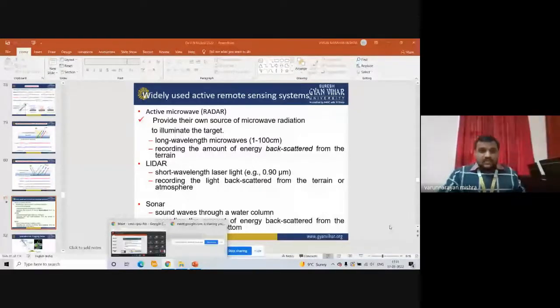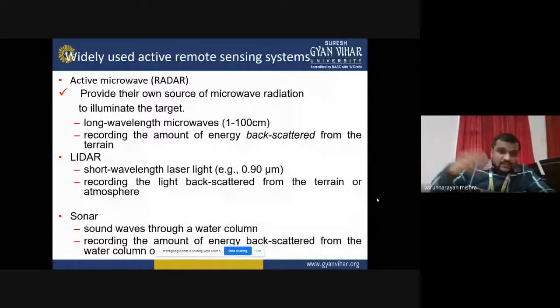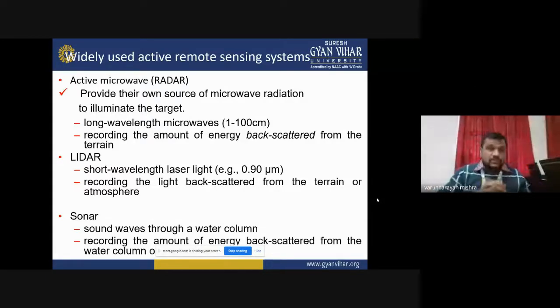This is another important type of remote sensing process in which we use active sensors, or you can say an artificial source of energy. In optical remote sensing or thermal remote sensing, we use a natural source of energy, a kind of electromagnetic radiation. But sometimes when we want to collect datasets at night time, we need to provide our own source of energy, which is known as active microwave, or active remote sensing.